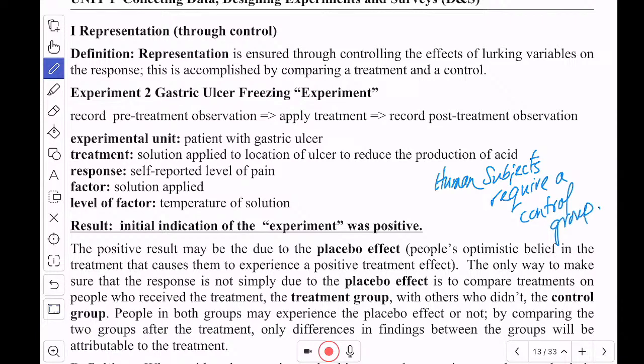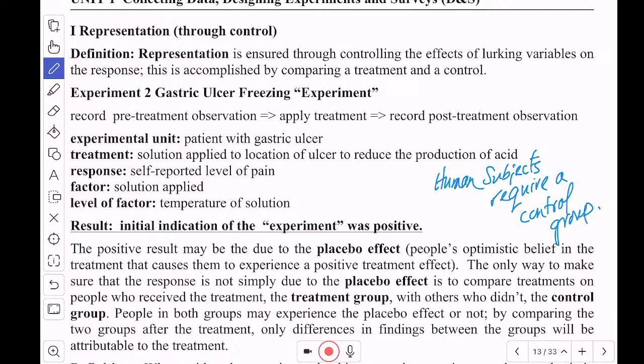So as I outlined the first class or the last class, what we need to do is have two groups, but otherwise treat them identical. However, the control group receives a placebo, something that looks exactly like the other treatment but doesn't have the same medicinal benefit, or proposed medicinal benefit.